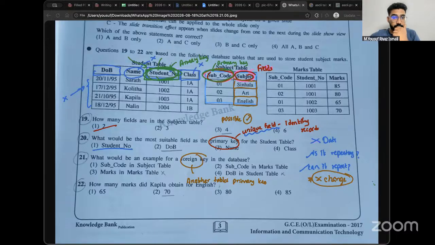Which table? Exactly. So when the same field is mentioned in another table, it becomes a foreign key. So in the marks table, the student number becomes a foreign key.